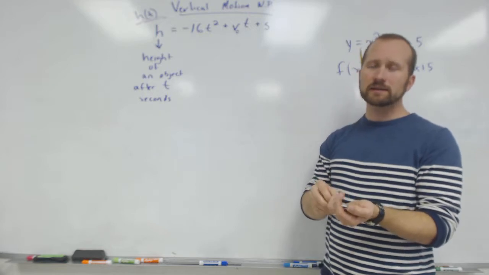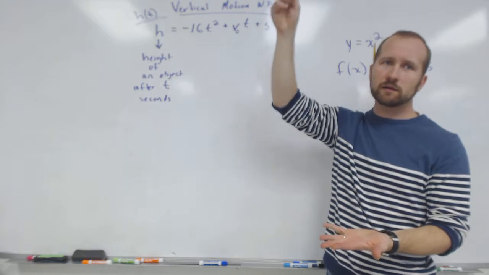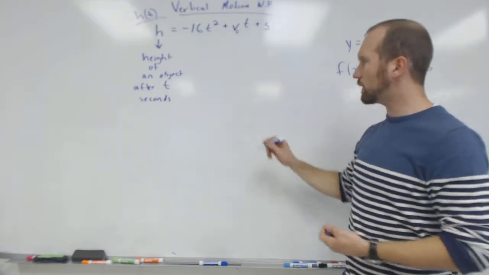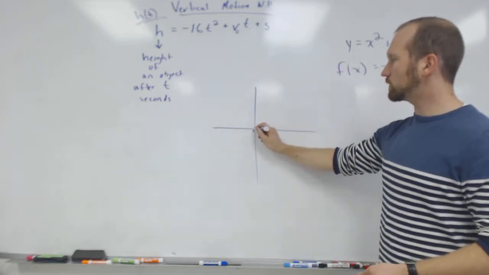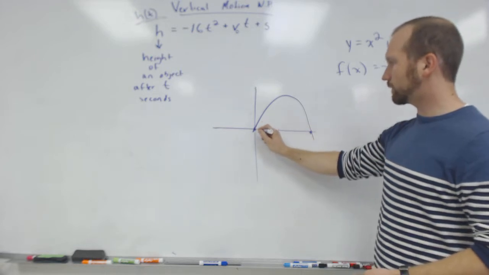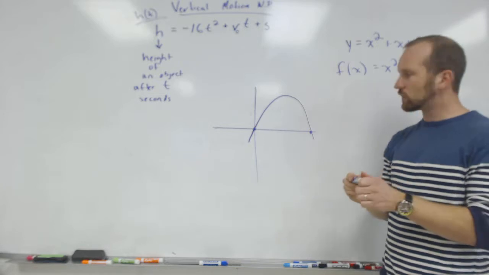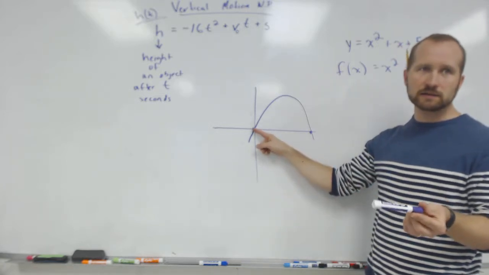And then after some amount of seconds, if I throw it up, what's going to happen eventually? It's going to fall back down. And so we can think of that as those x-intercepts of our parabola, right? No matter what, if I have an object, if it starts on the ground, after 0 seconds, its height is 0.